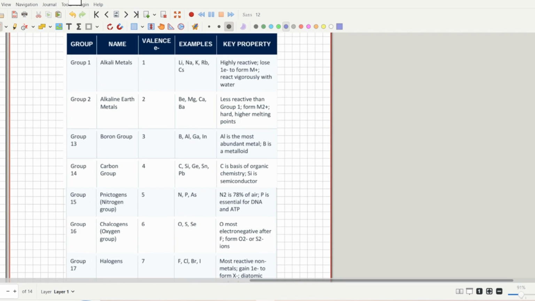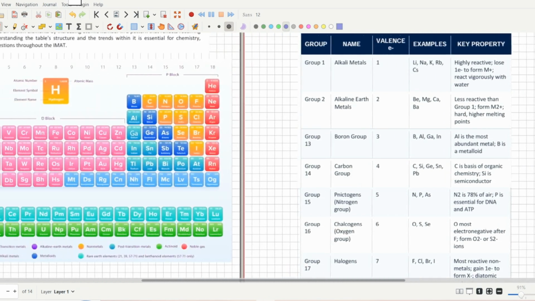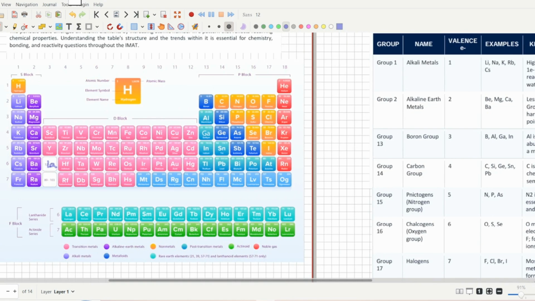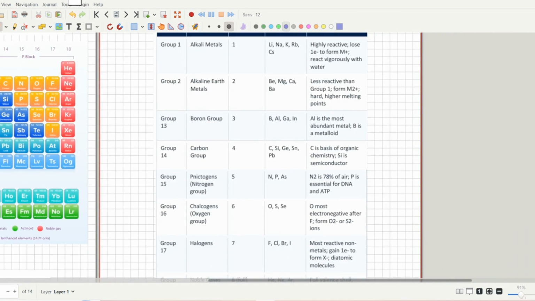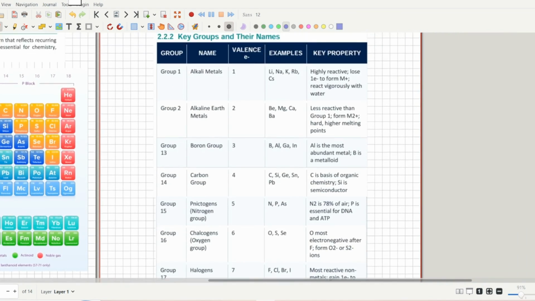Okay, so these were the groups and their names and the key properties. You can memorize this table, but we have already memorized it in our periodic table. You have already memorized the elements, and now you know what the main property here is. What you have to memorize is the valence electrons. You have to know that group 1 contains 1 valence electron, group 2 contains 2 electrons in its outermost shell.